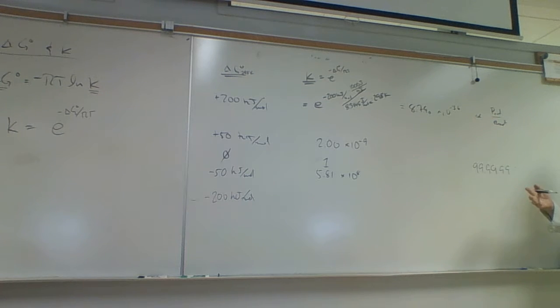So 1, 2, 3, 4, 5, 6, 7, 8. Now your calculator has a 9th digit, 10th digit, 11th digit, but only displays 8 digits. What's going to happen is your calculator is going to round this to 100%. And so it looks like we have 100%, but that's not what I was looking for.